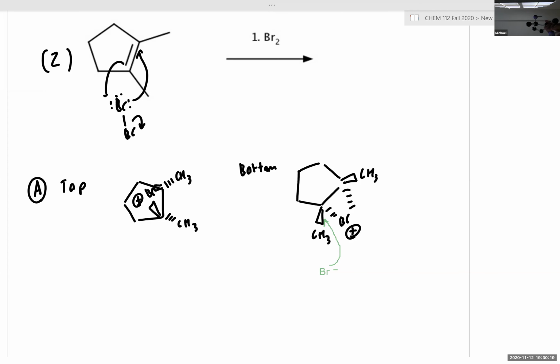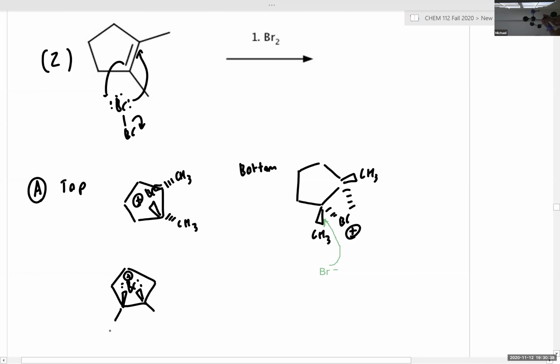Okay, so to redraw this top attack in another way and to help carry the proposed mechanism brought forth by one of your classmates. We have our bromonium ion and we have both of our methyl groups.